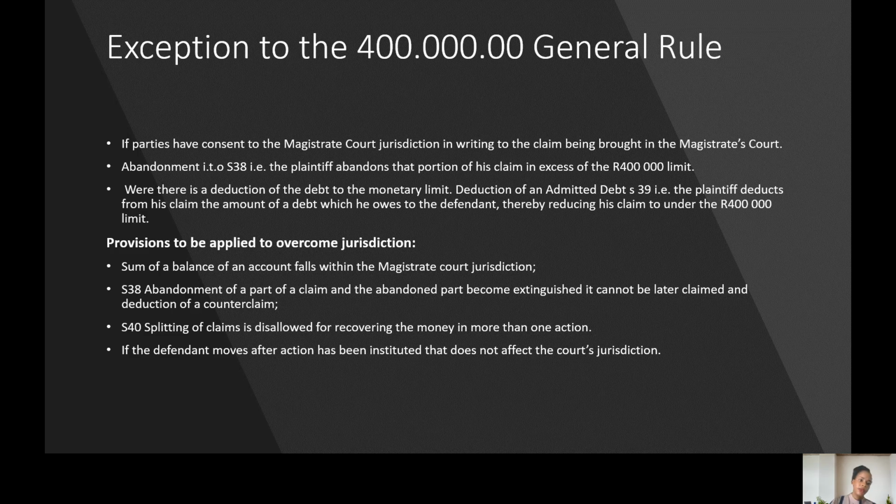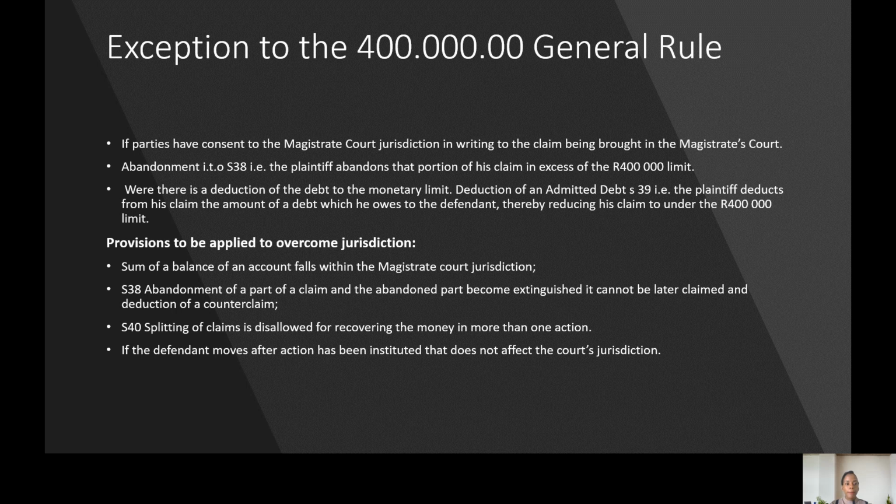Let's look at the exceptions to the rule, or the exceptions to the 400,000. If parties have consented in writing to the claim being brought in the magistrate court, an abandonment can be done in terms of Section 38.